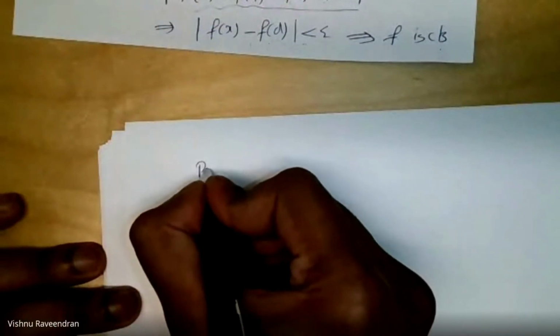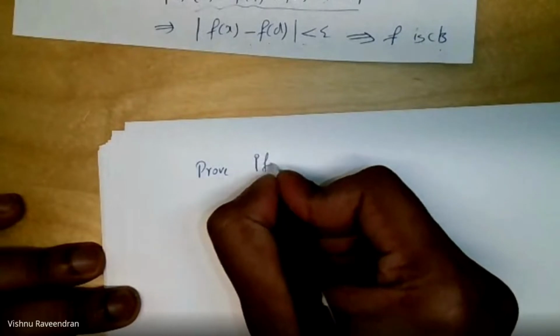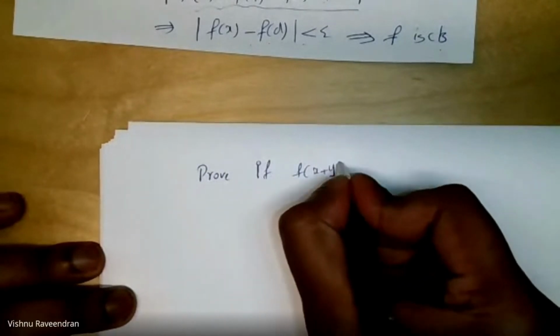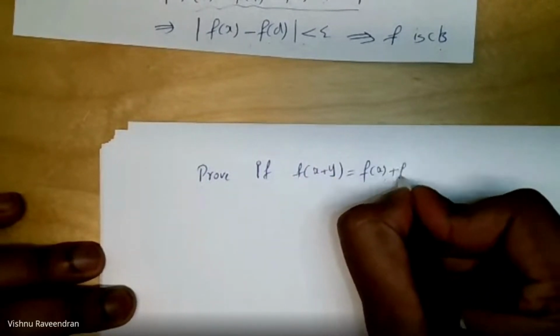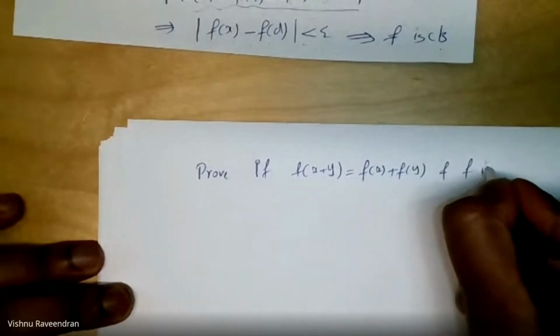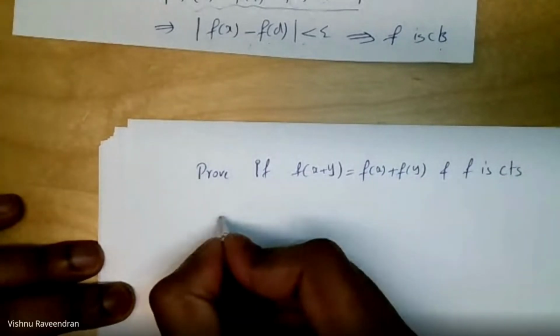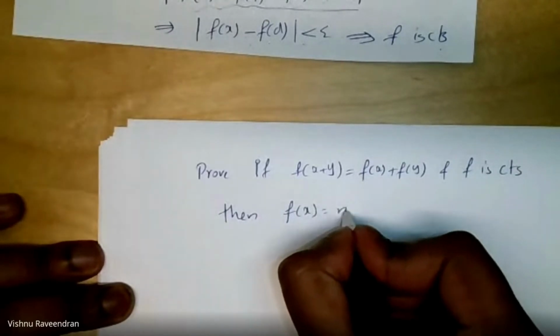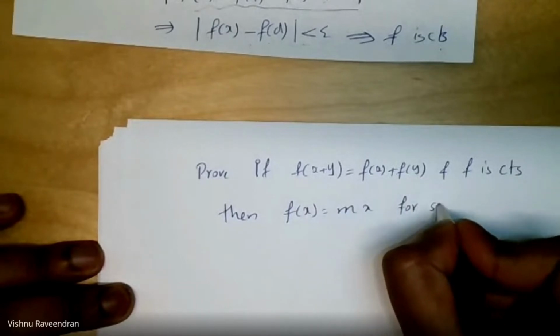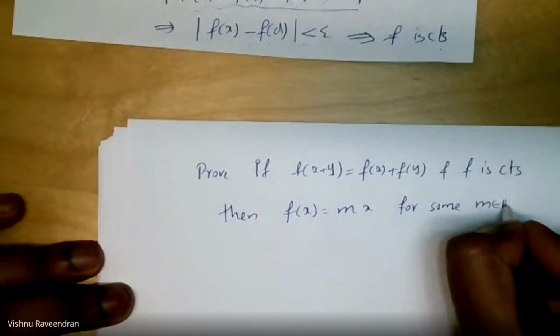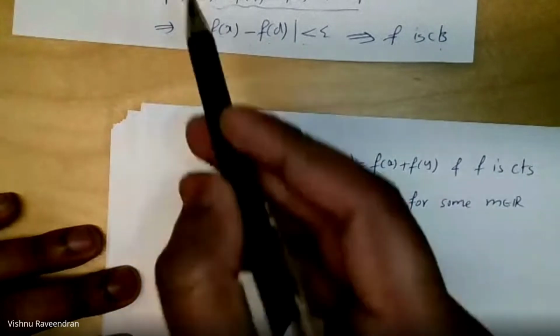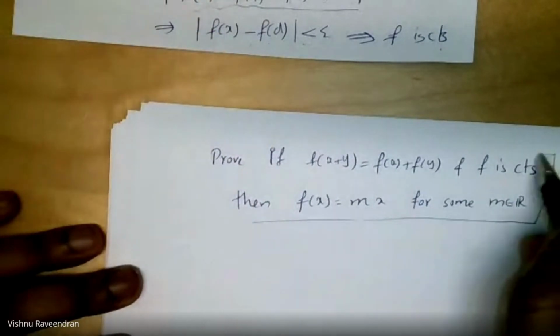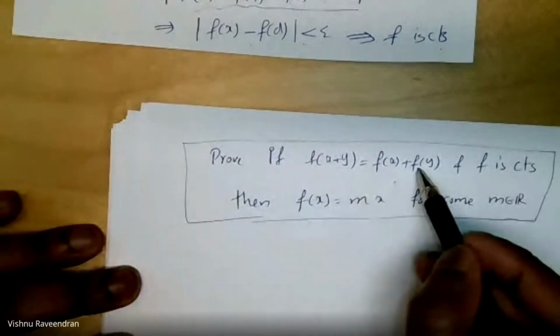So another thing I would say, you can prove: if f(x + y) = f(x) + f(y) and f is continuous, then f(x) has the form mx for some m element of R. You can prove this result with this special structure.